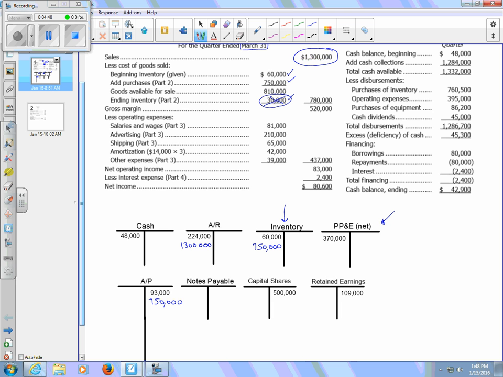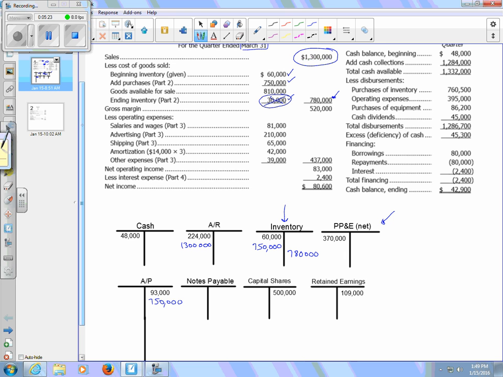But we do have to do something with the $780,000. That's cost of goods sold. So the cost of goods sold affects inventory. So we have to take that $780,000 out of the inventory account. All right, now we're going to go to the expenses.